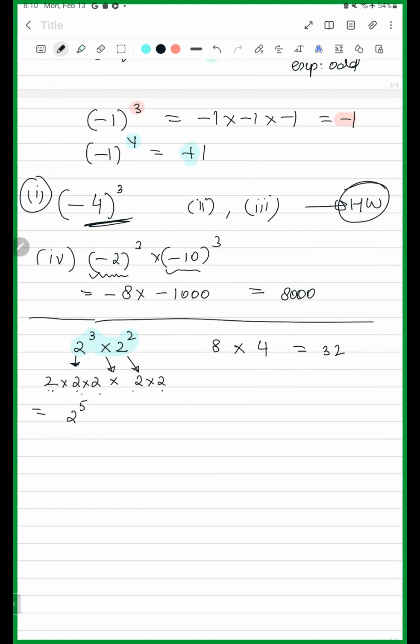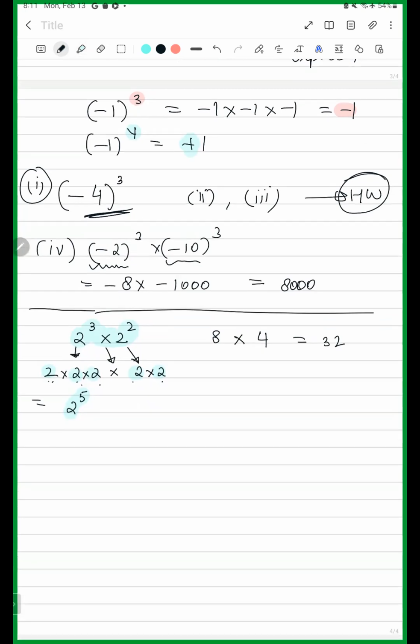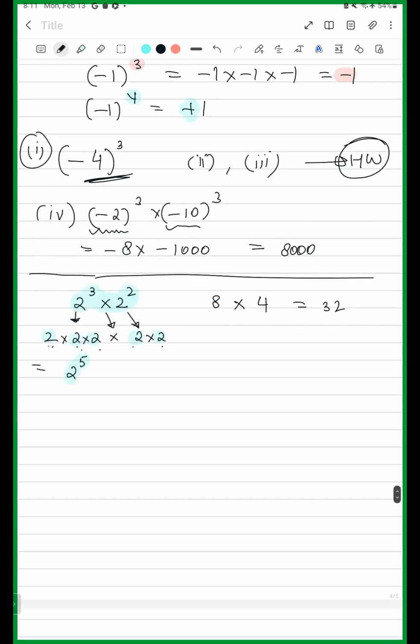That's how we got 2 to the power 5. How many times is 2 here? 5. That's what we are writing. Okay, I understood. So this is 2 to the power 5, and this 5 came from 3 plus 2.